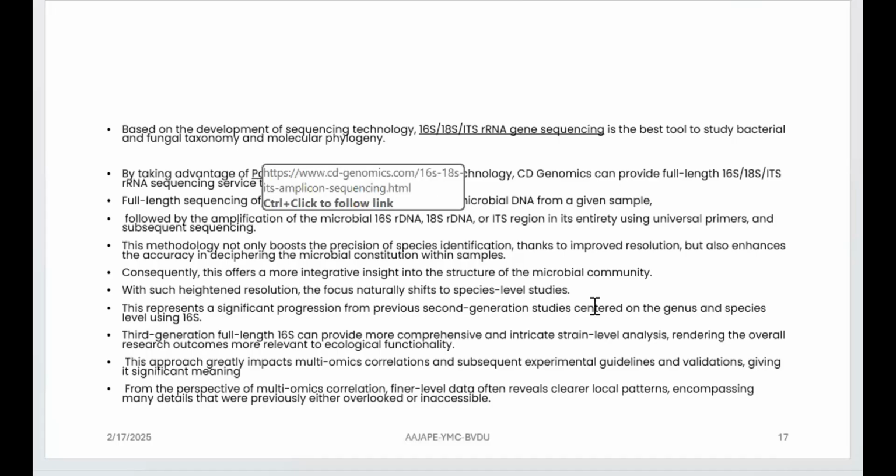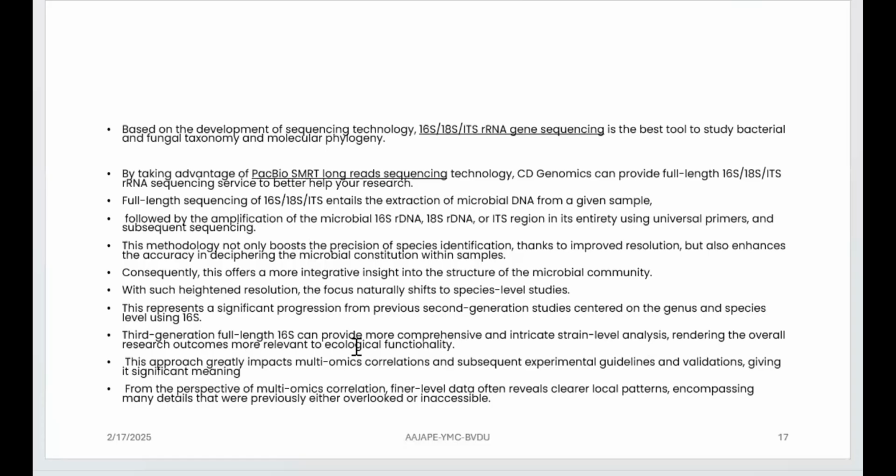So full length sequencing, when it comes, the extraction of microbial DNA from a given sample to sequencing and sequence match we have seen, right? So here the important concern is that third generation full length sequencing can provide more comprehensive and intricate strain level analysis, rendering the overall research outcomes more relevant.